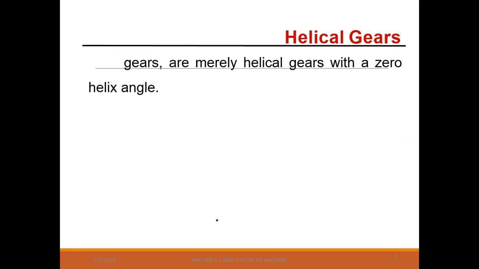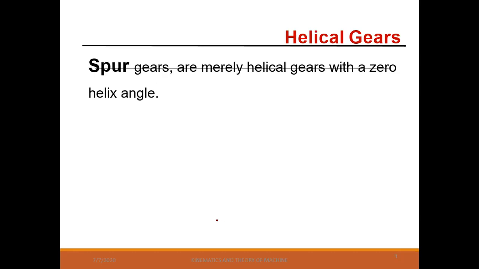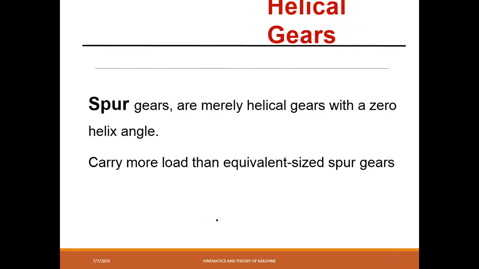Gears with a zero helix angle are rarely found. As I told you, if the helix angle in a helical gear is zero, it is the same as a spur gear.